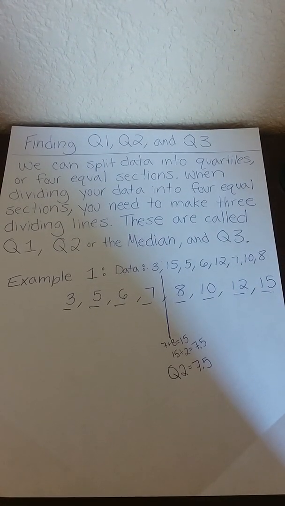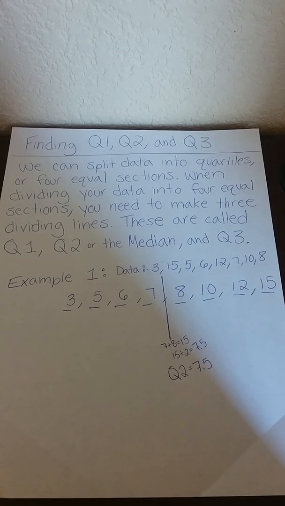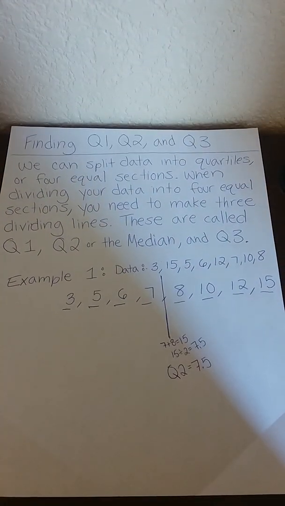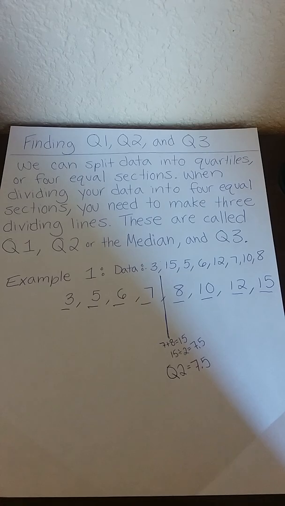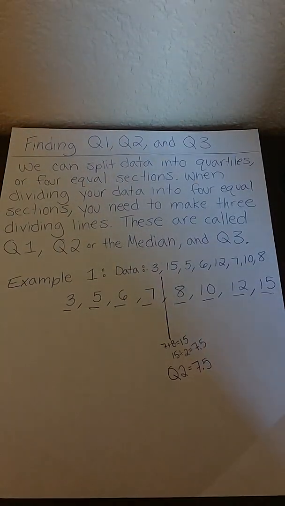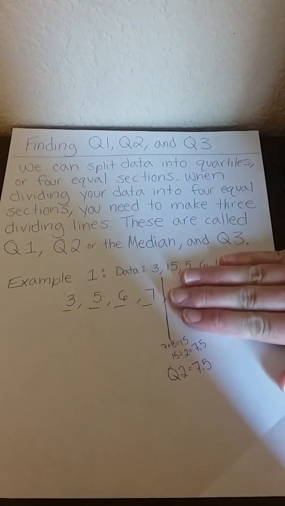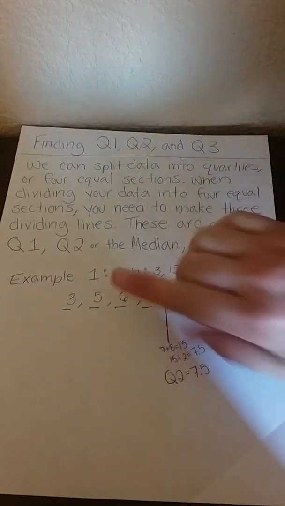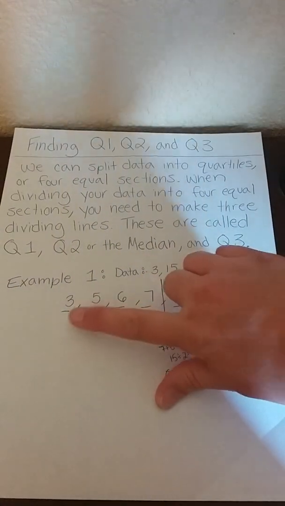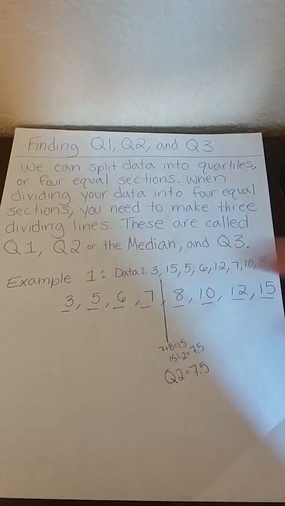Q1 is the middle of the lower half of the data. So to do Q1, you are going to ignore all of the numbers on the right. You're basically going to cover these up. You're just going to look at the numbers here on the left, and you're going to find the middle of just these numbers.